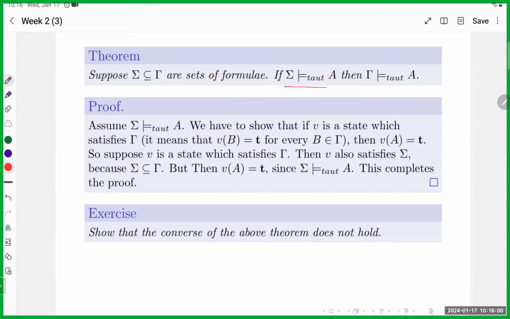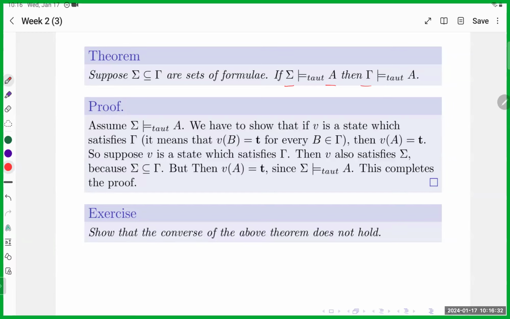If sigma tautologically implies A, then gamma tautologically implies A. Note that what this theorem is saying is that if a set of hypotheses can tautologically imply a formula, you can also get the formula A from more hypotheses.